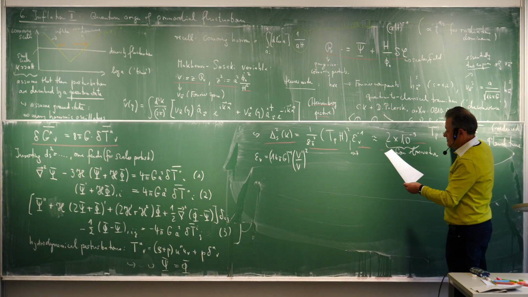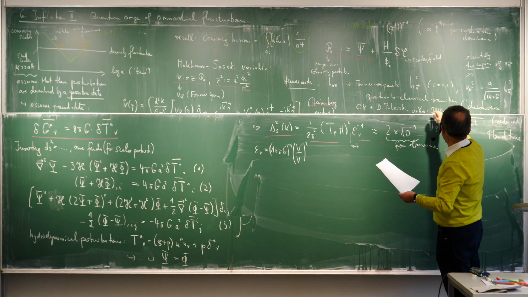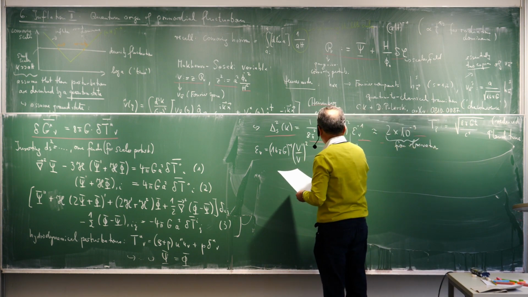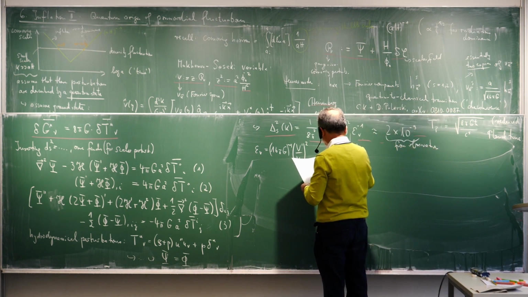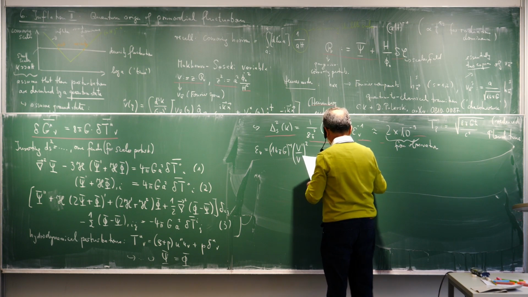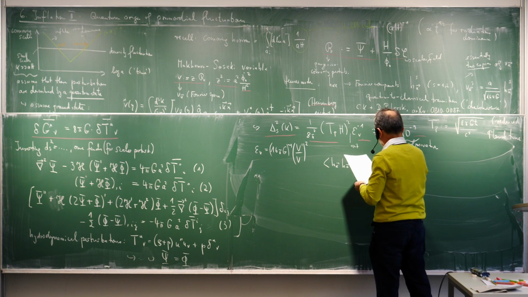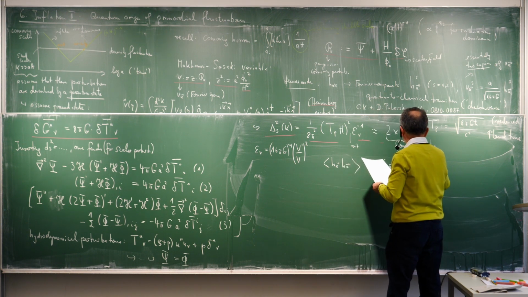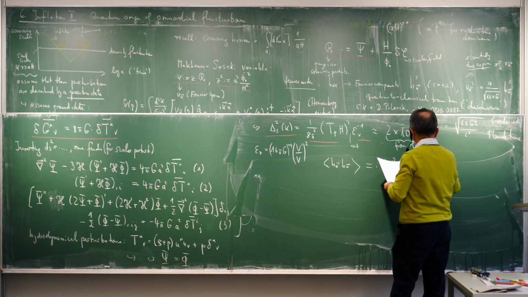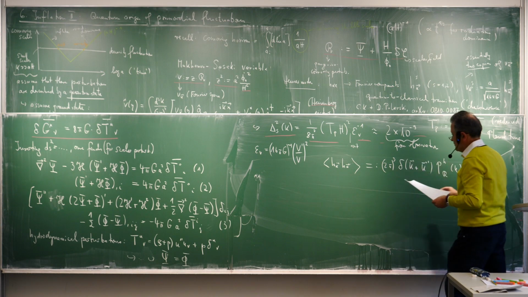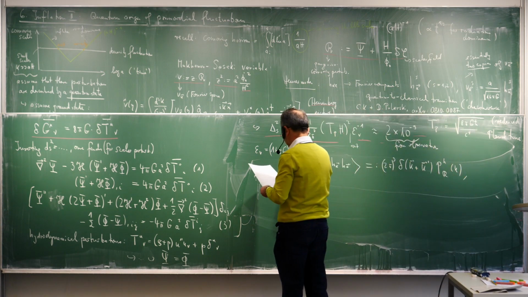Also for the tensor perturbations, you can do the same. You can have also the expectation value of h_k h_k prime, and you can define, okay, this is 2 pi cubed delta of k plus k prime P_h of k, and again we can have this delta_S.